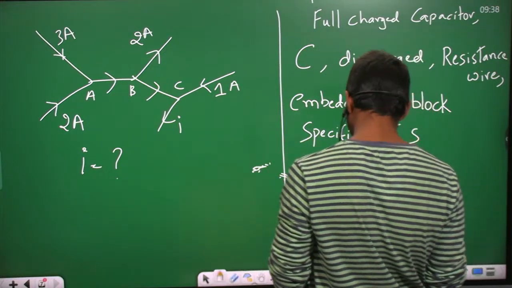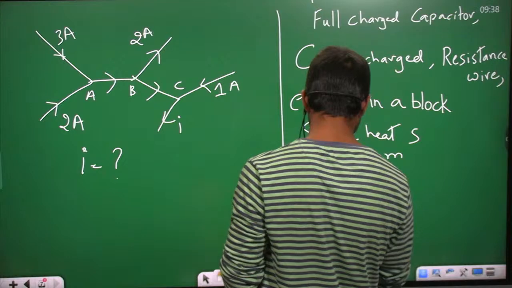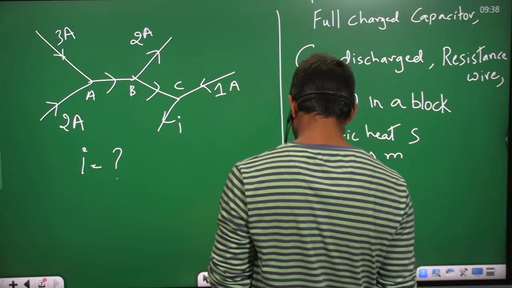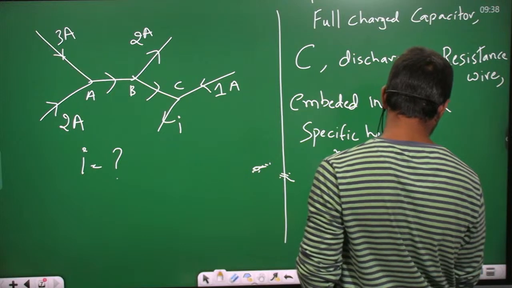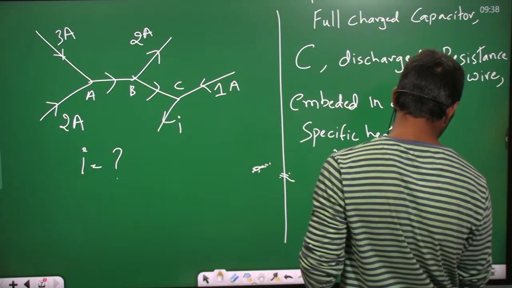The temperature of the block is raised by delta T due to this discharge, and the potential difference V is across the capacitor initially.